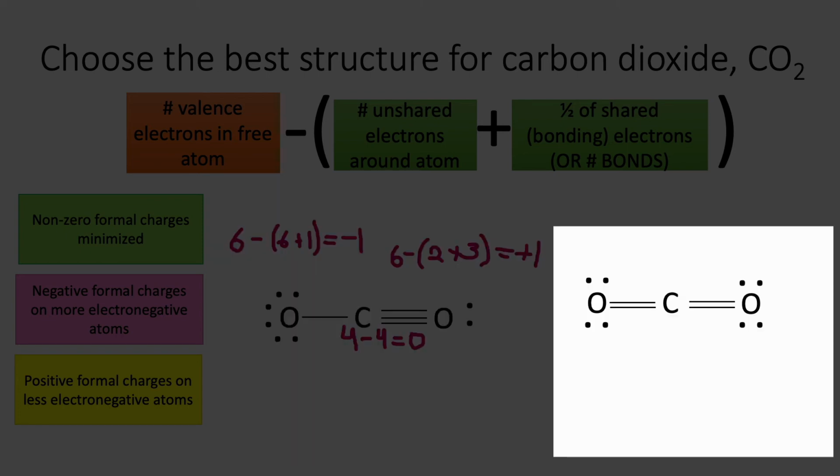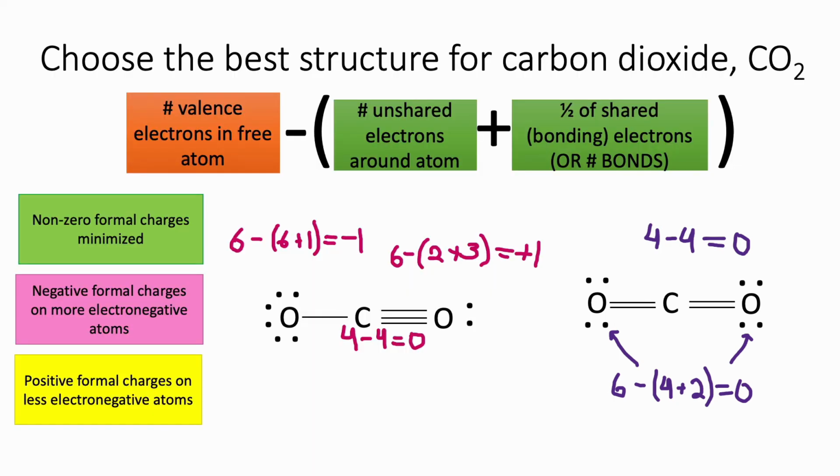If we look at the structure on the right, look at the first oxygen, we see it has 4 unshared electrons and it has 2 bonds. 6 minus 4 plus 2 is 0, and I have to point out that the oxygen on the right has the exact same electron configuration, so they both are going to have a formal charge of 0, and the carbon, again, is going to have 4 minus 4 equals 0 for its formal charge.